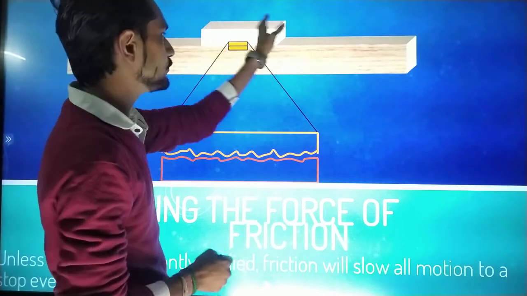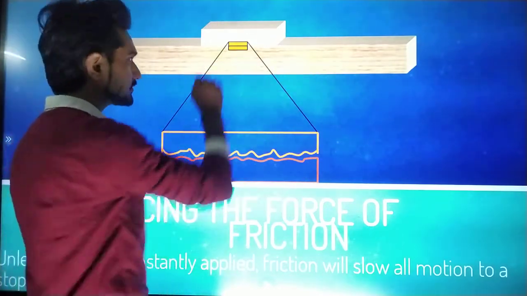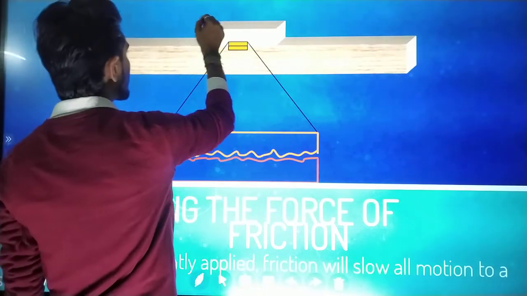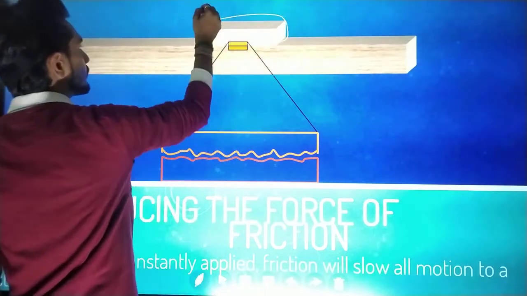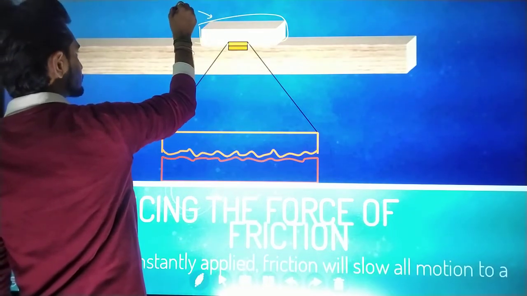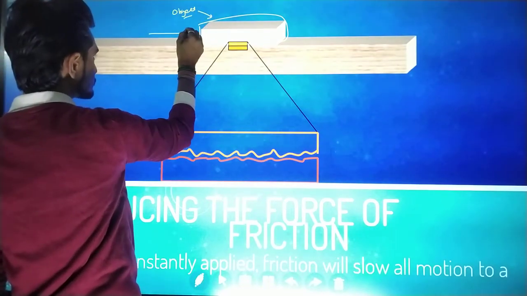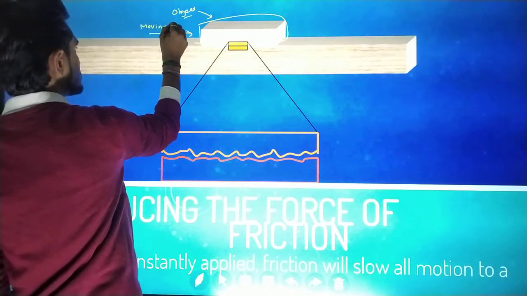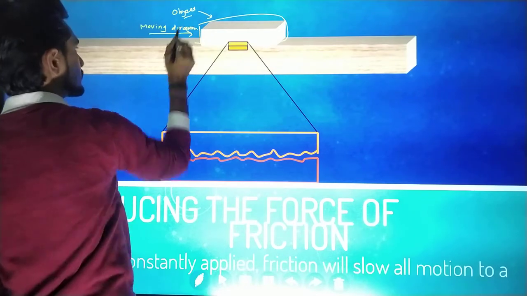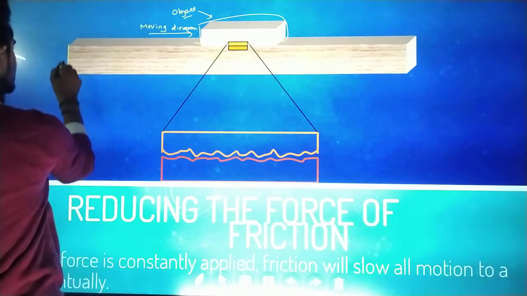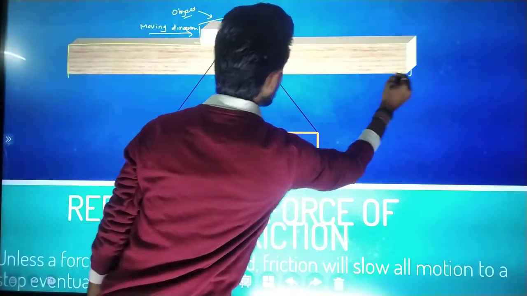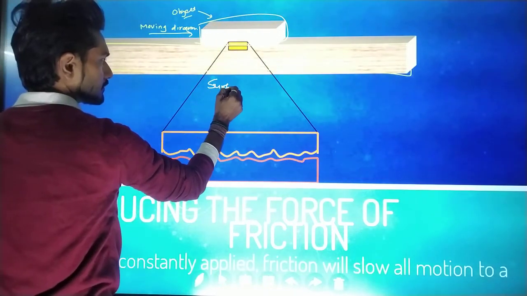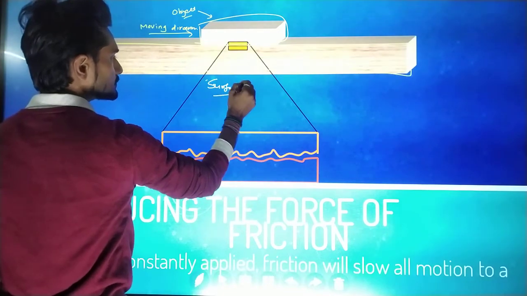One is the object we are moving, and the second is the surface on which we are moving the object.